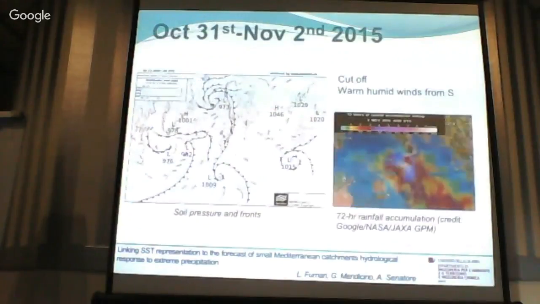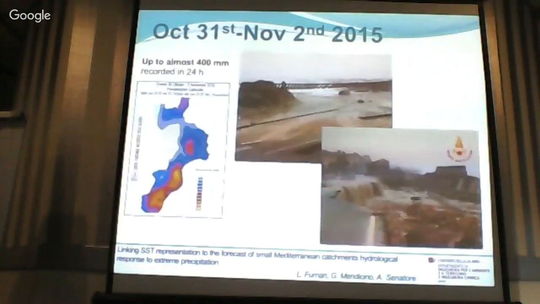Rapidly to the second event, it's something similar, in the sense that we again have a cutoff low pressure, but in these days we have warm winds from the south. In these days, we had a more persistent event that was 3-4 days long. What happened?